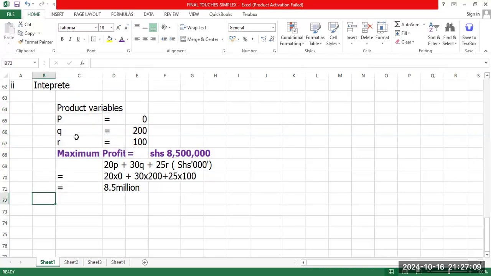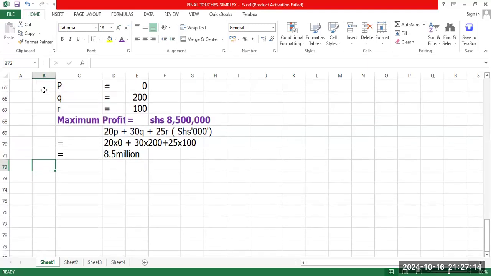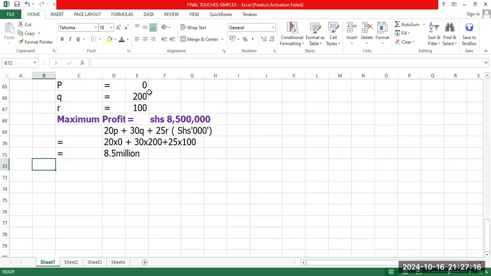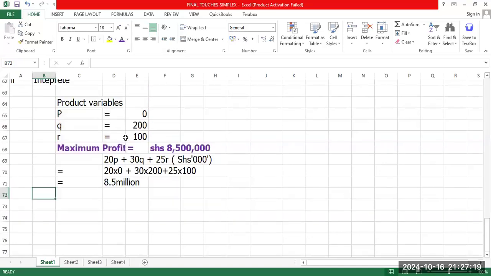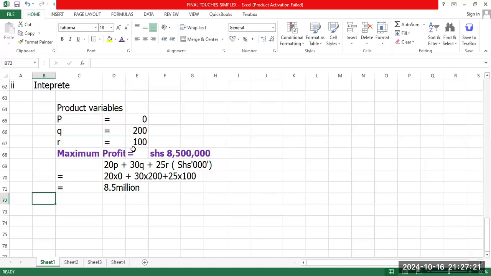You just write simple: this company can produce 200 pairs of soccer shoes and 100 pairs of workout shoes to attain a maximum profit of shillings 8.5 million. You have interpreted, that's enough.